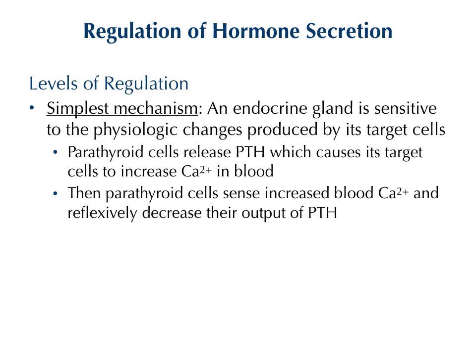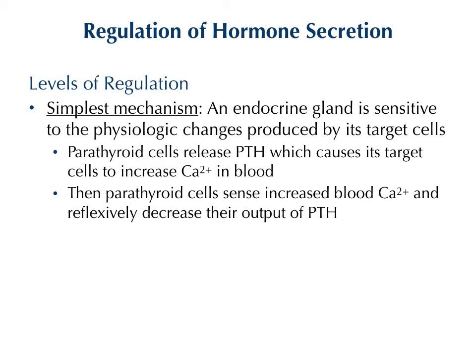Homeostatic regulation can operate at different levels of control. So we're going to focus our attention on the specific mechanisms that regulate the release of hormones from endocrine cells at different levels of control. The simplest mechanism operates when an endocrine cell is sensitive to the physiological changes produced by its target cells.